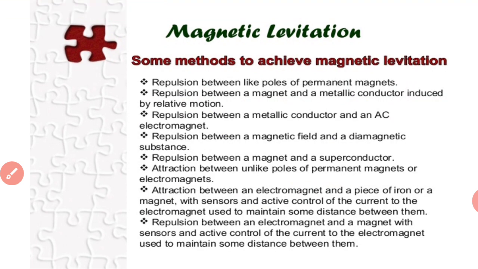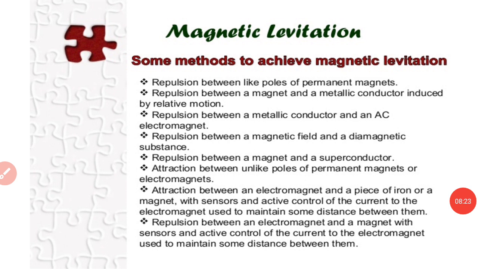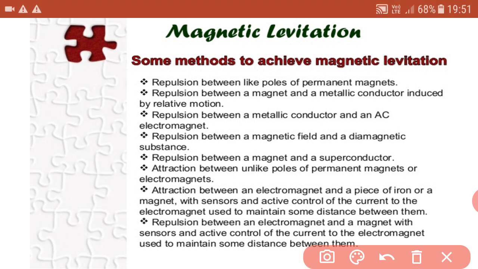Now, some methods to achieve magnetic levitation. What are the methods available from which we can achieve magnetic levitation? We will see them one by one. First one is repulsion between like poles of permanent magnets.